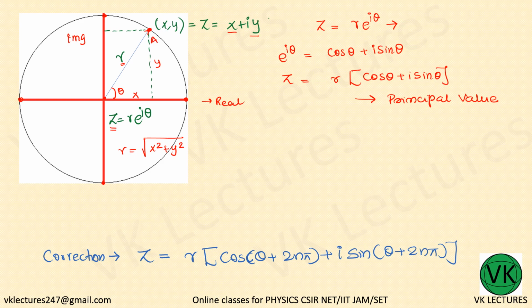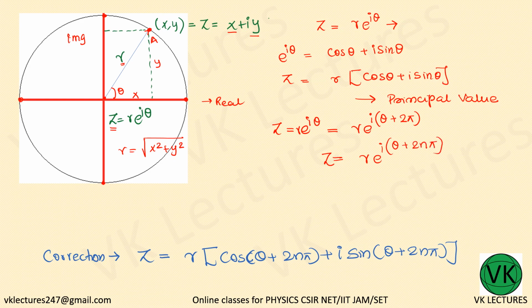Then I make a complete 2 pi rotation, which means I get the same point, z equal to r e to the power i theta, which is equal to r e to the power i theta plus 2 pi, or I can make any n number of rotations. So z is equal to r e to the power i theta plus 2n pi.